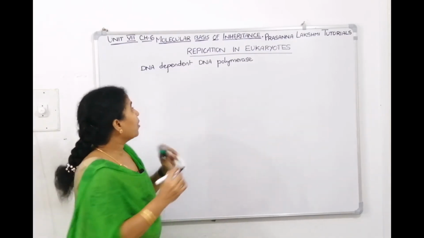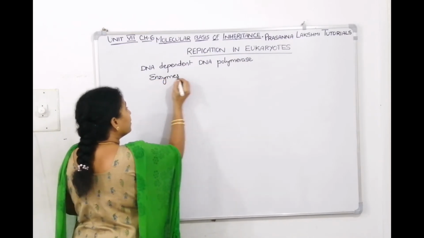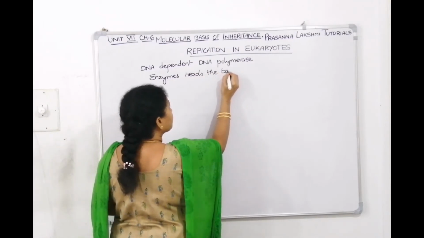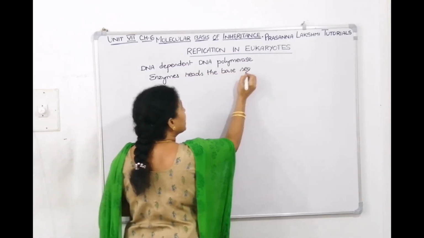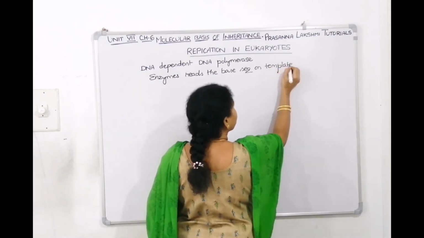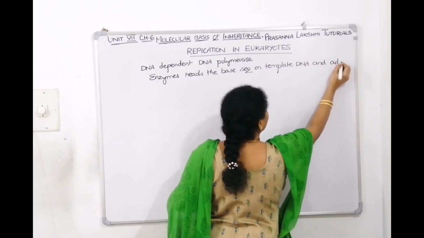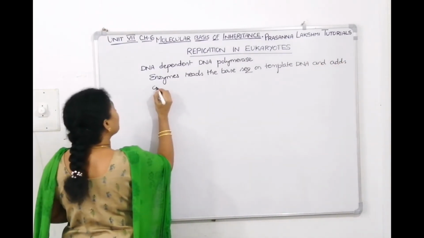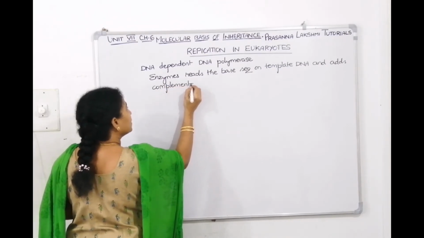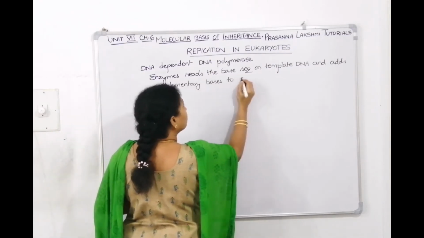So the DNA polymerase enzyme reads the base sequence on the template DNA, and it adds complementary bases to the daughter DNA.